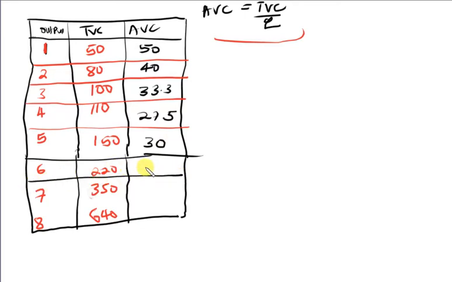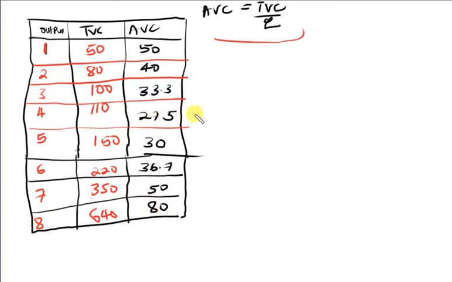Then 220 by 6, you have 36.7. 350 by 7, you will have 50, of course. And then 640 by 8, you have 80.